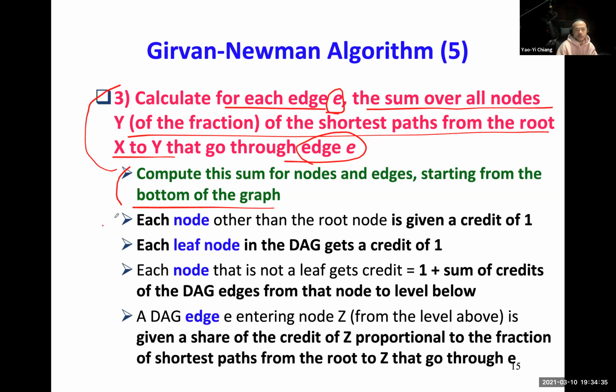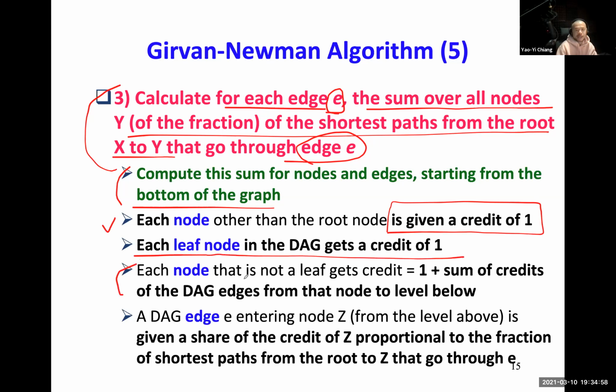Each node, other than the root node, is given a credit of 1. This just says that there is a shortest path that will end at U, right? You will be the destination exactly once. Each leaf node in the DAG gets a credit of 1 to start.